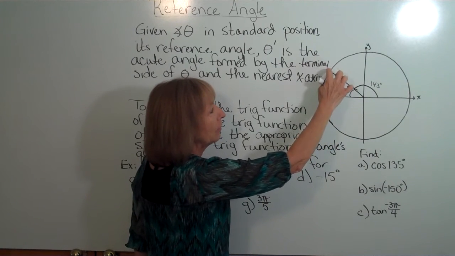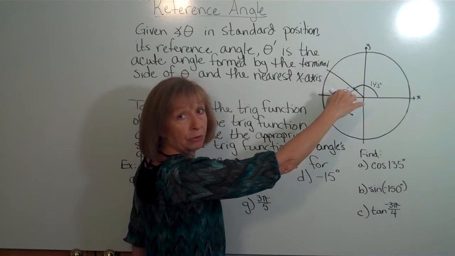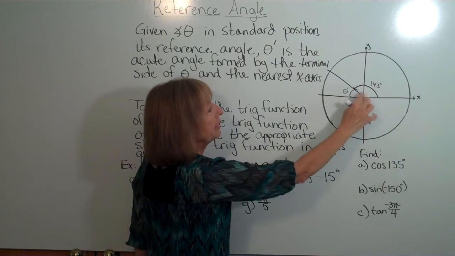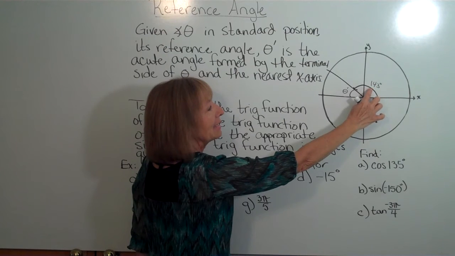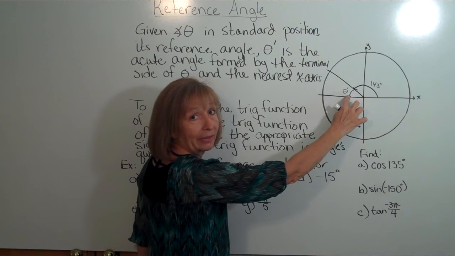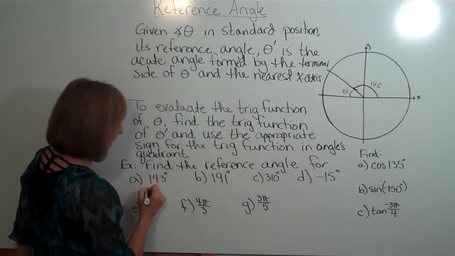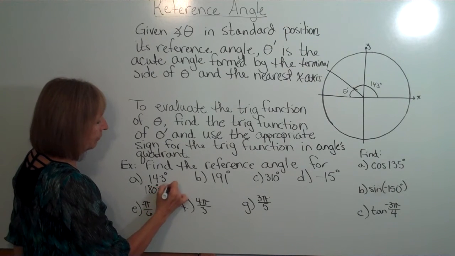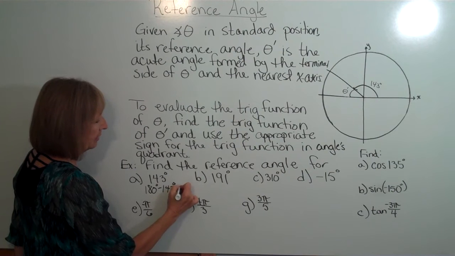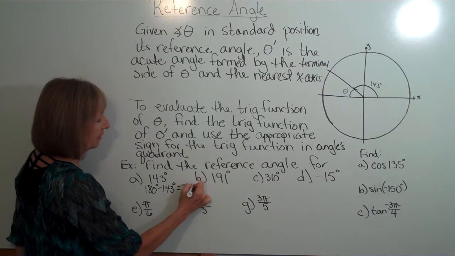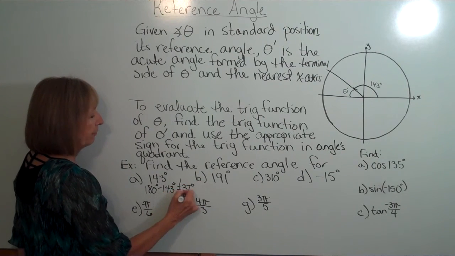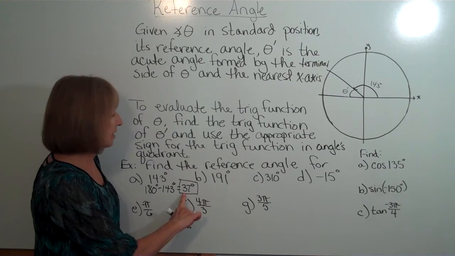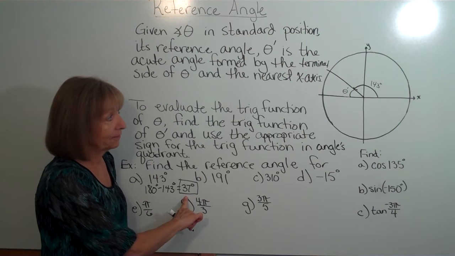So when you have an angle that on the first rotation around ends in the second quadrant, you're going to take 180 minus that angle to get the reference angle. So here we have 180 degrees minus the 143 degrees, which is going to give me 37 degrees. So the reference angle for a 143 degree angle is 37 degrees.